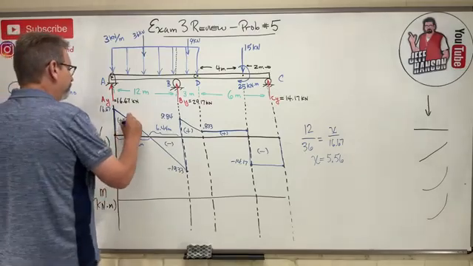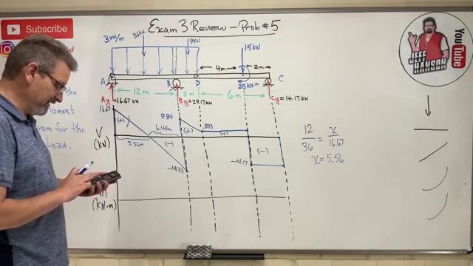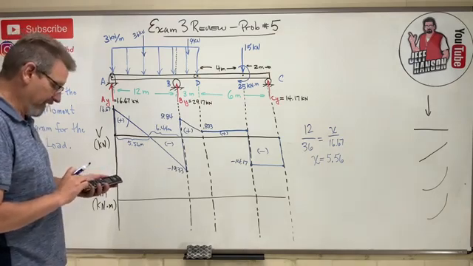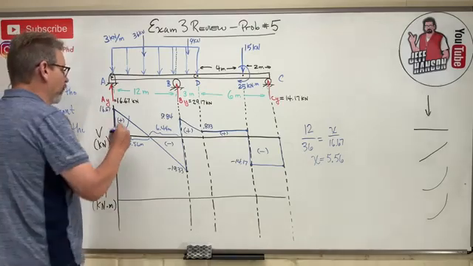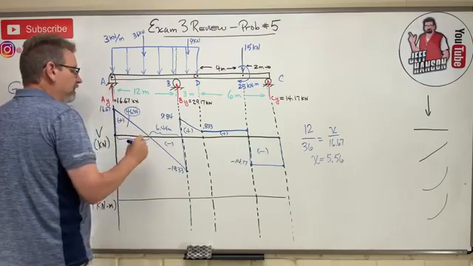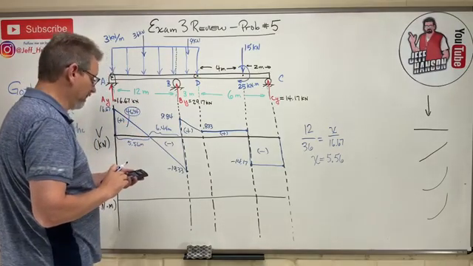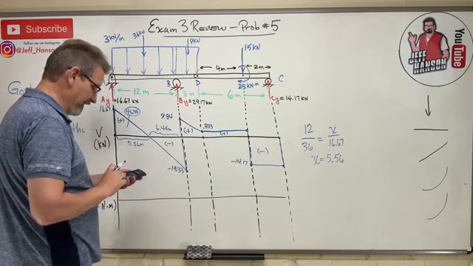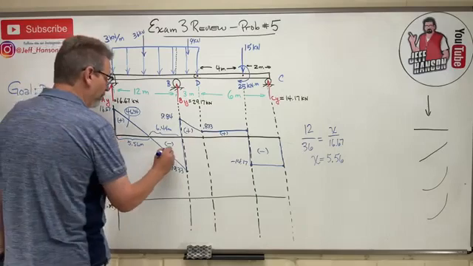So here we go. 1/2 base times height. So 16.67 times 5.56, divided by 2, equals 46.34. Okay, there's that one. This one, 6.44 times 19.33, divided by 2, equals 62.24.